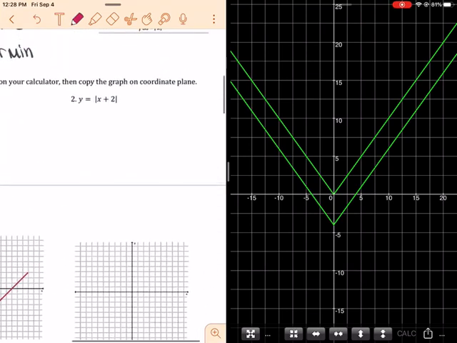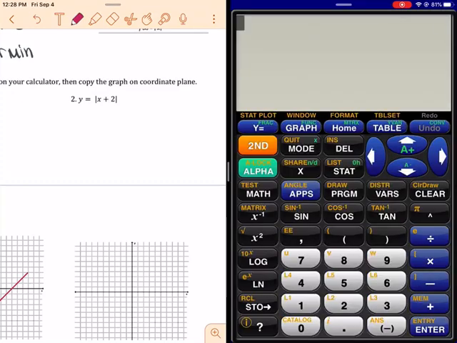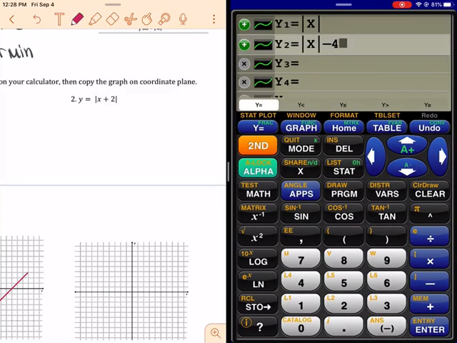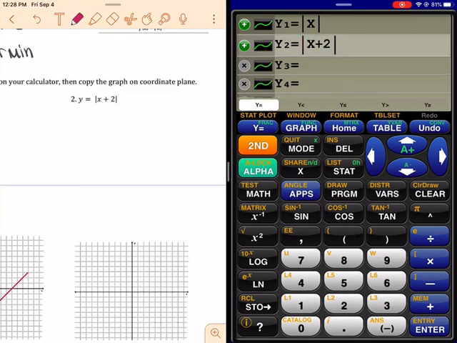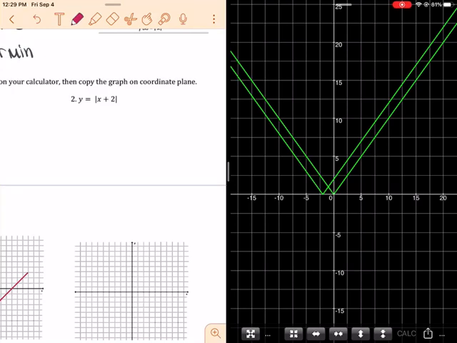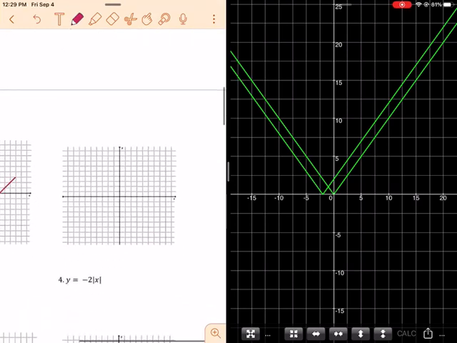All right, let's try this one. Absolute value of x plus 2. I'm going to delete these. So I'm going to go x plus 2, arrow out, press graph. Okay, so notice it went left. Now, why did it go left? Why didn't it go right?